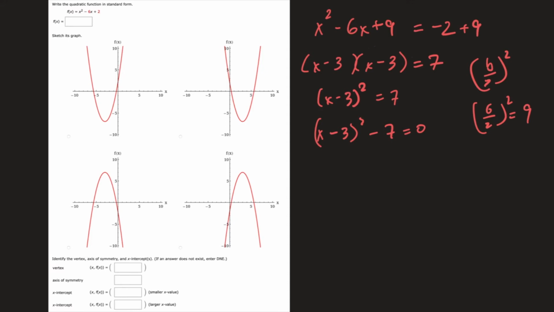So minus 3 on the inside is going to move it to the right by 3 units, and then negative 7 on the outside is going to move it down. It is a regular parabola because there is no negative sign in front of x in the original equation. Therefore, our answer is here.